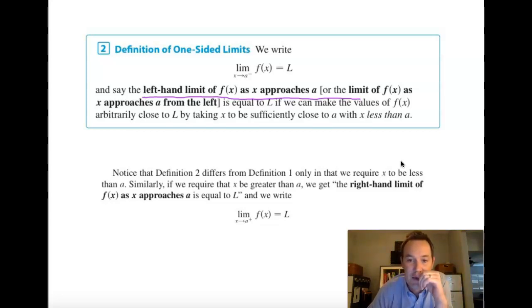On the left side of the graph, right? And then likewise, a right-hand limit, we have a superscript of plus, and we call that a right-hand limit. And in that case, we are only looking at what's going on as x approaches a from the right-hand side. So you don't need to worry about what's going on from the left in that case. So let me show you what I mean.